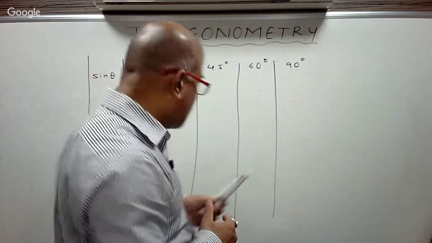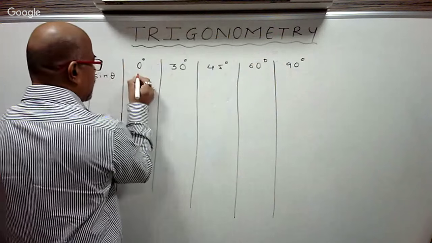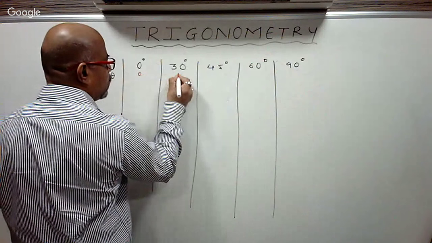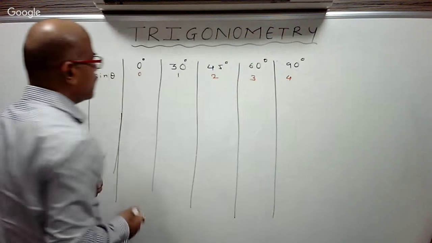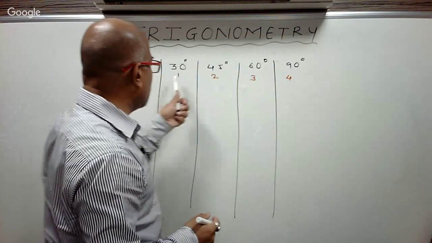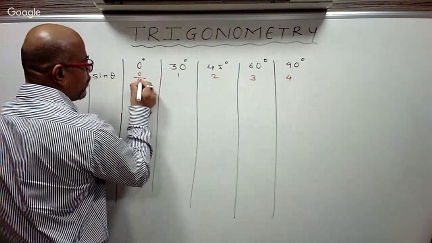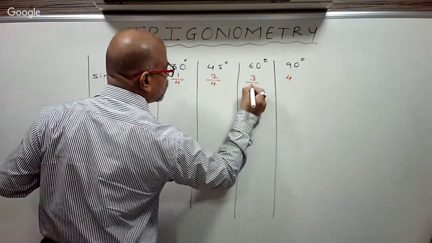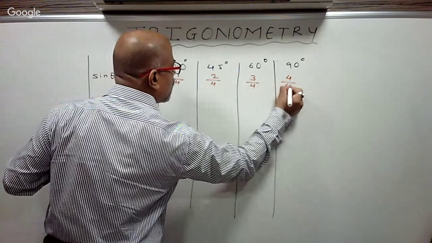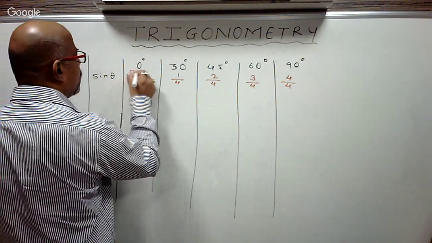The trick is, for sin 0, 30, 45, 60 and 90, here I write 0, then 1, 2, 3 and 4. From 0 to 4. Now divide each number by 4, and find the square root of all these numbers.